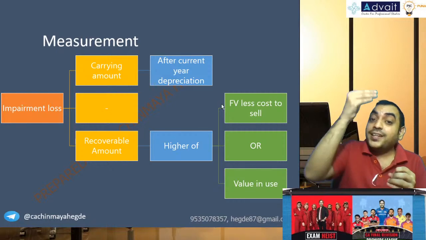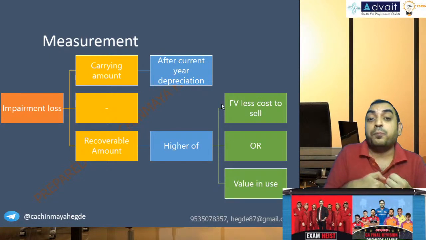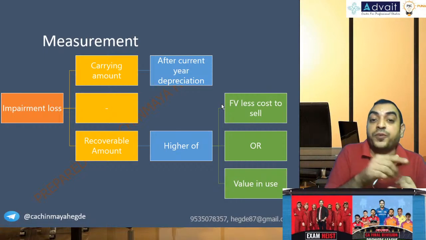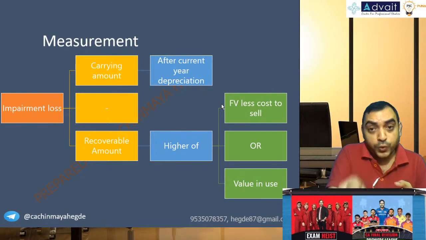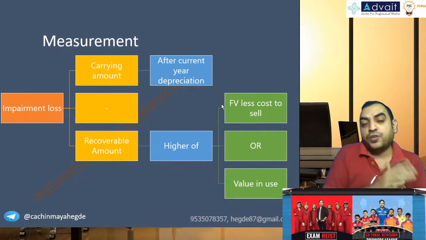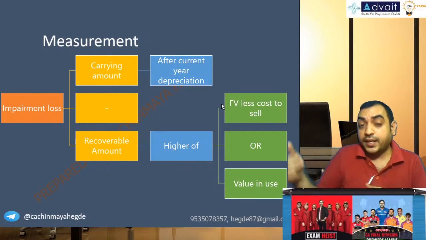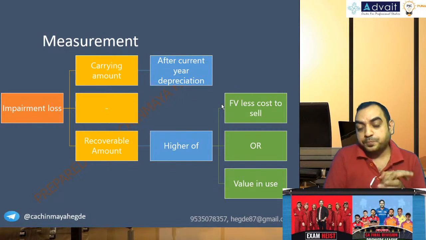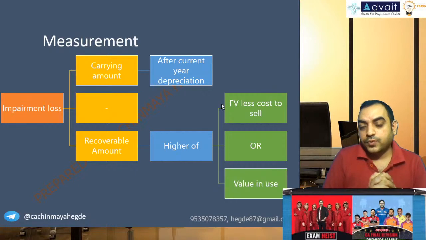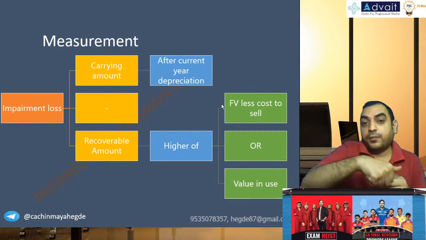Indication of impairment has happened. The event of fire is an indication of impairment. Reduction in the market value is an indication of impairment. Fire is also an indication of impairment. Corona lockdown effect is an indication of impairment. Your units being sold lesser and lesser day by day is an indication of impairment. There's no prior indicator like that. No. The fact is that there is an indicator of impairment.